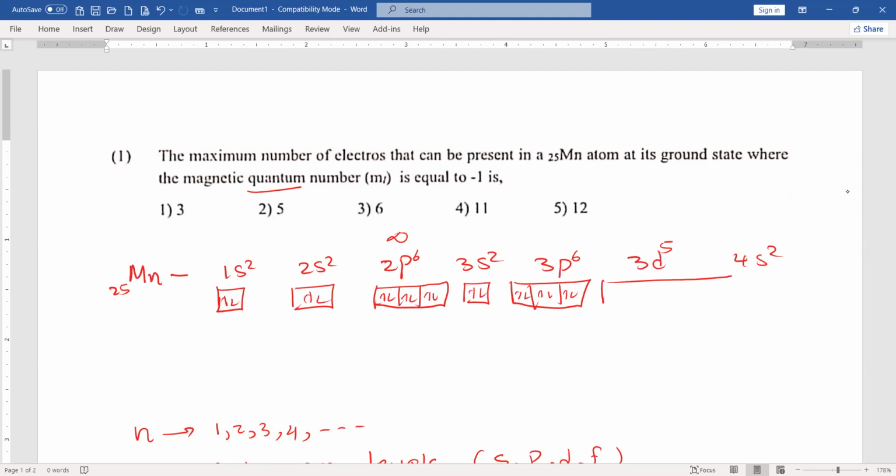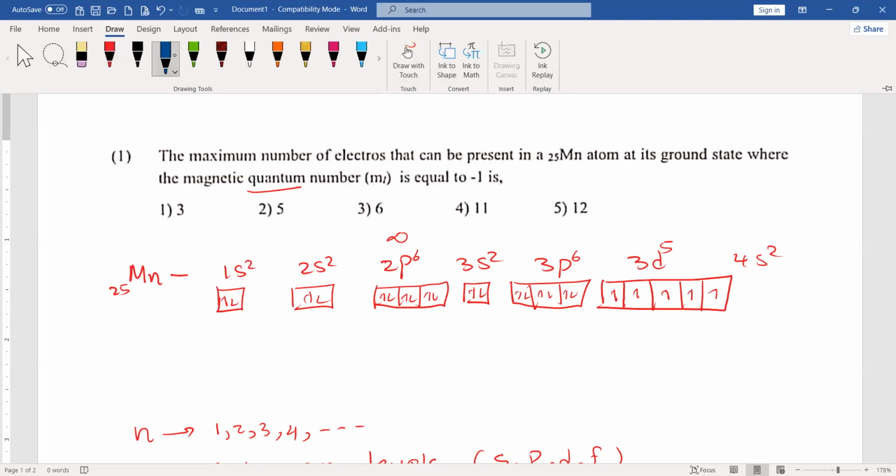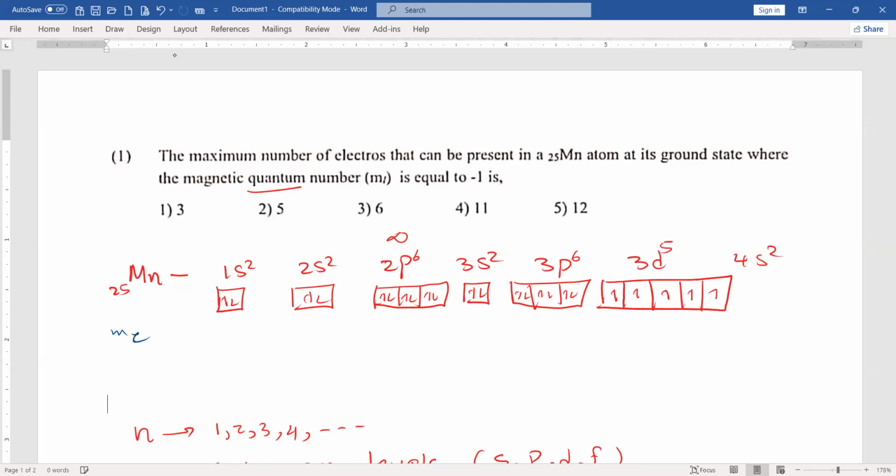And in the D, we have 1 electron in each atomic orbital. If I put the ML values here, because we need ML equal to minus 1: here it is 0, here 0, because S has 0. Here minus 1, 0, plus 1, then 0. Then here minus 1, 0, plus 1 again. Here minus 2, minus 1, 0, plus 1, and plus 2.